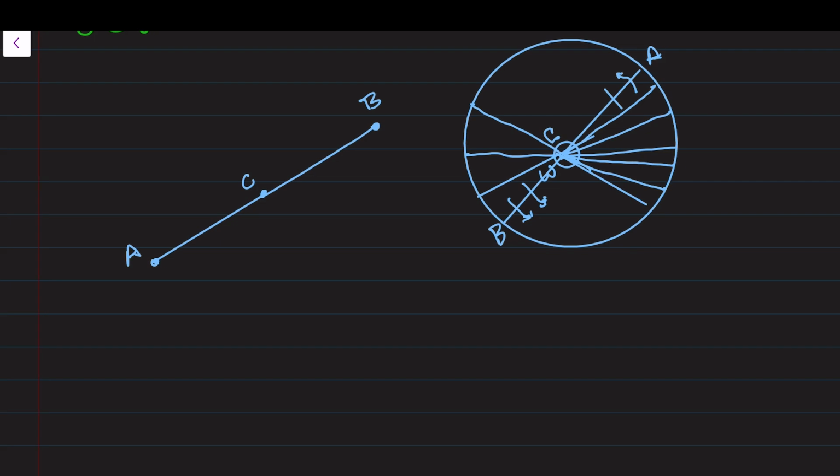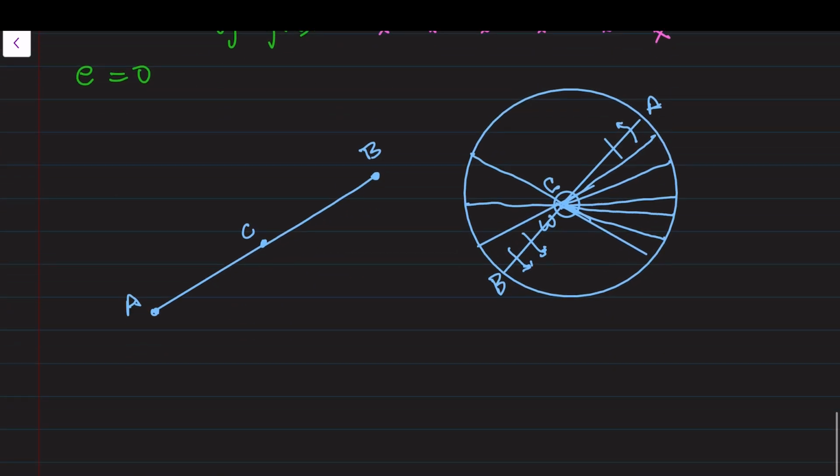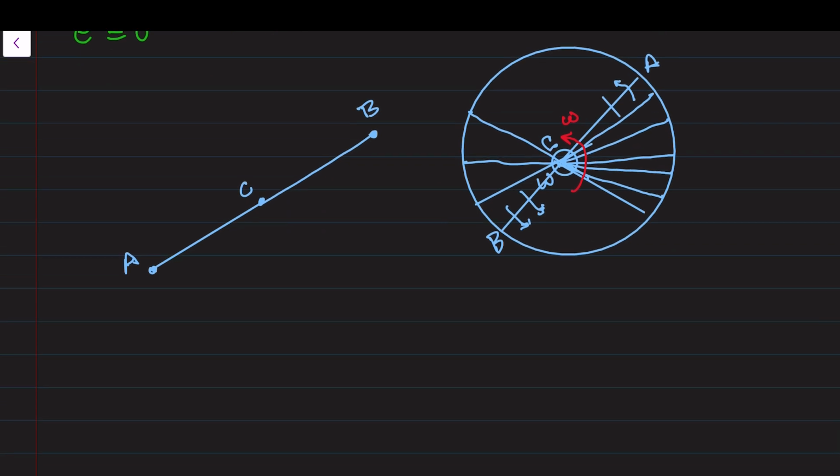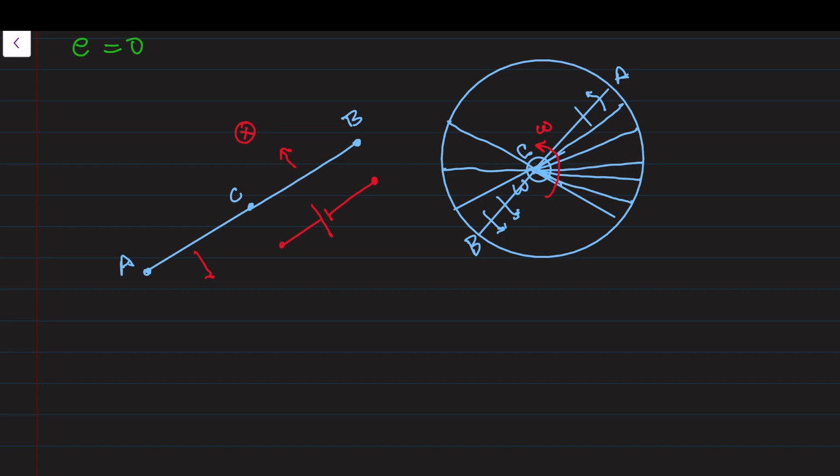Direction of the angular velocity is this way. Now, this way means it is having the velocity in this direction. Magnetic field is into the board. So the EMF induced will be in this way, with respect to point C, this way. And here the velocity is in this way, magnetic field into the board.